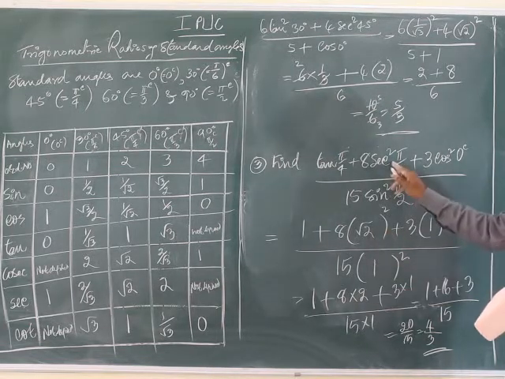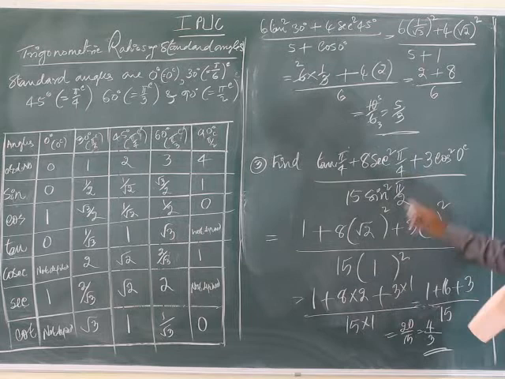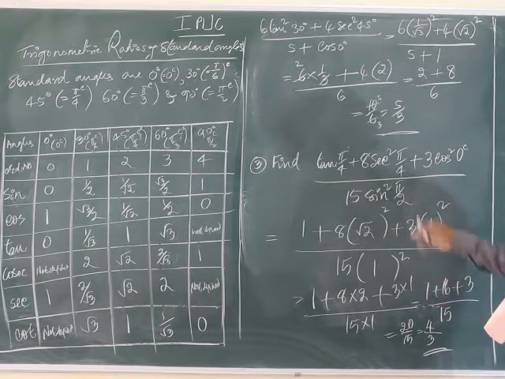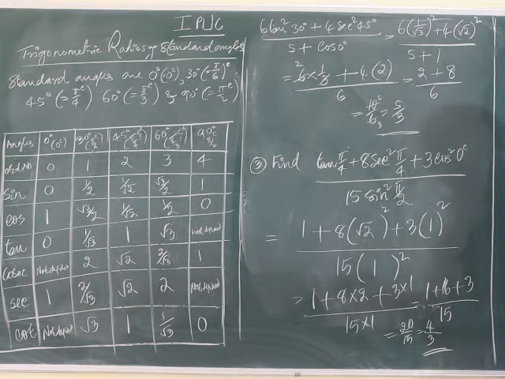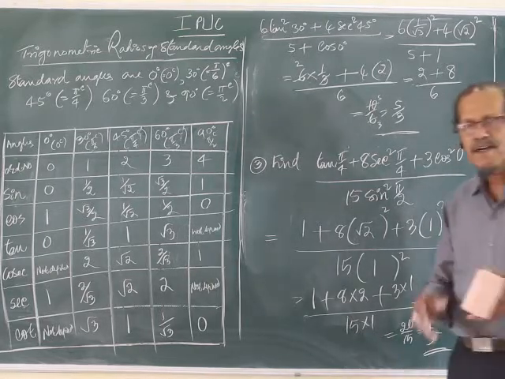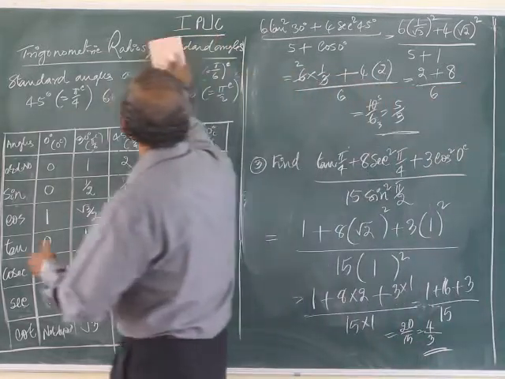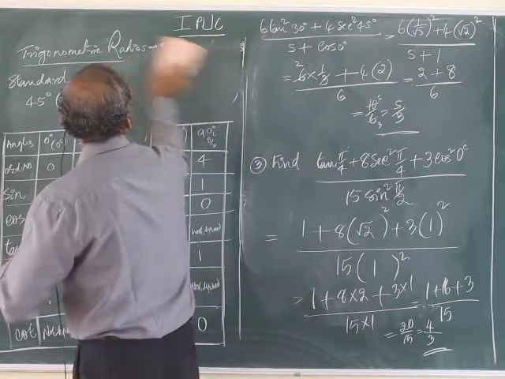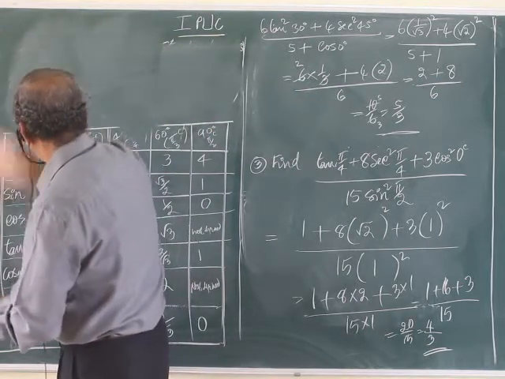Secant 45, root 2 square 2, cos 0, 1, sin 90, 1. 1 plus 16 plus 3, 20 divided by 15, final answer is 4 by 3. Trigonometry of standard angles.